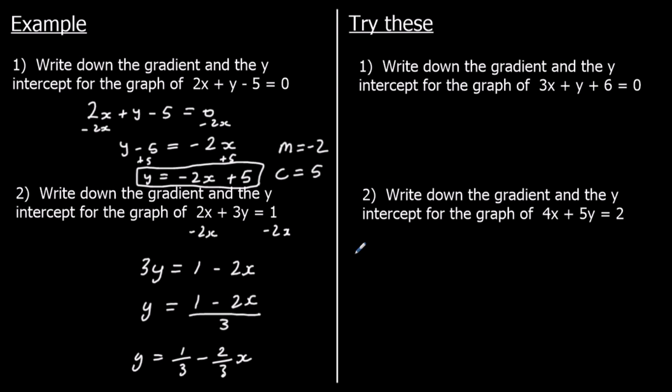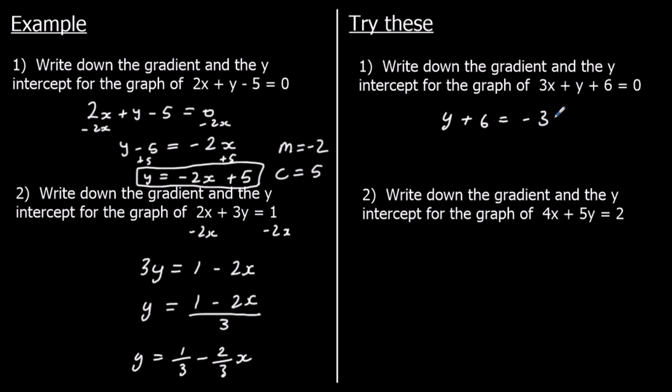Okay, 2 for you to try, so give these ones a go. Question 1, again, write down the gradient and the y-intercept for 3x plus y plus 6 equals 0. So we want y by itself, so take away 3x from both sides.